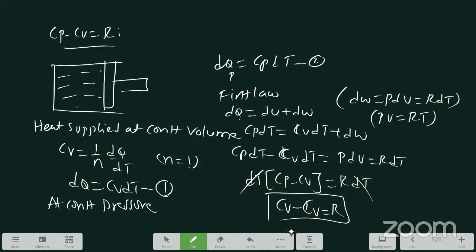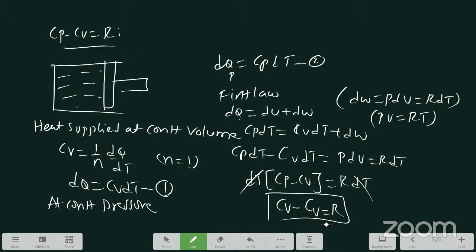Okay, students. So today the last two questions I finished. One is why Cp is greater than Cv, and the definition of Cp and Cv.